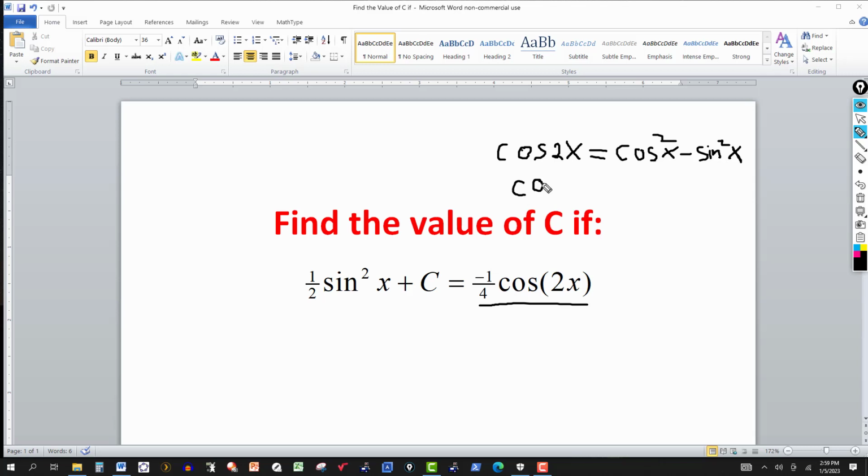If you do that, then you can rewrite cosine of 2x as 1 minus 2 sine squared x, or you could also rewrite it as 2 cosine squared x minus 1. So over here in this one, this is sine squared of x. The first one uses both the cosine and the sine. So I think we'll go with this one here.